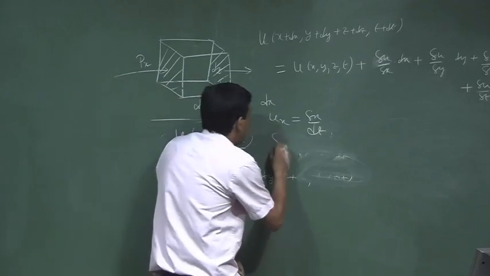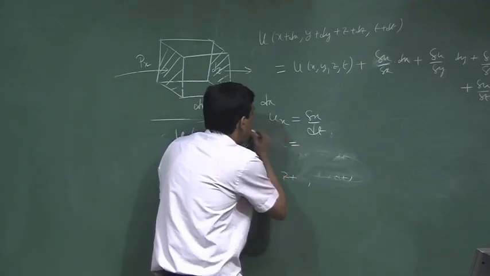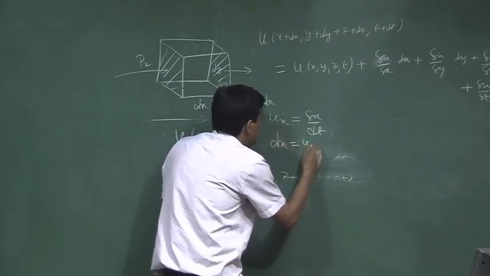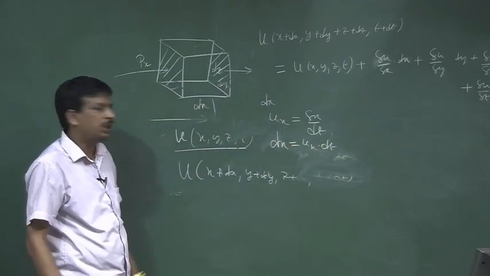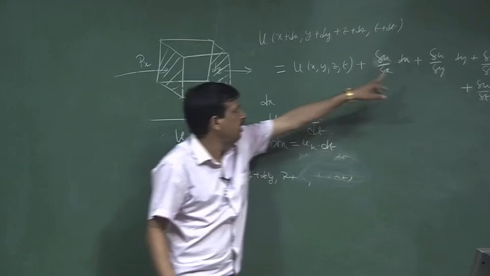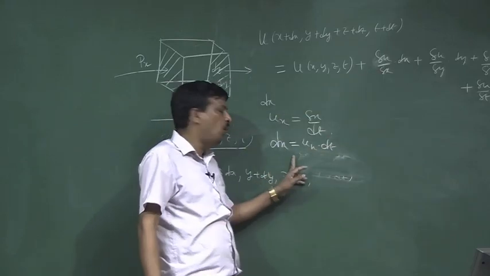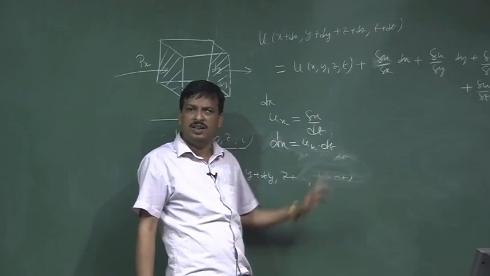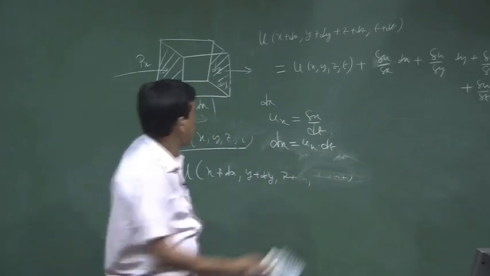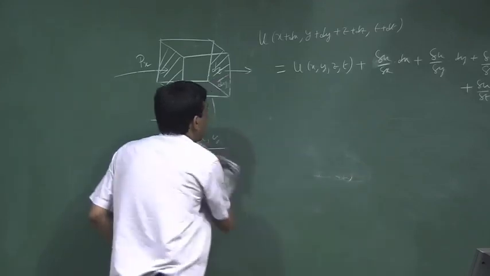So dx is nothing but ux into dt. Similarly, dy is uy into dt, and dz is uz into dt. So I put these things in the equation.